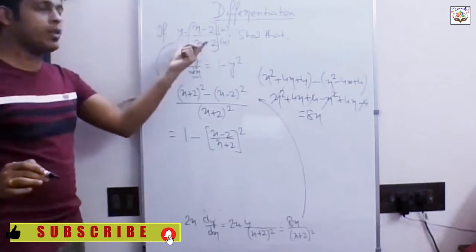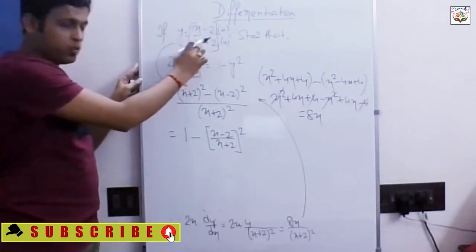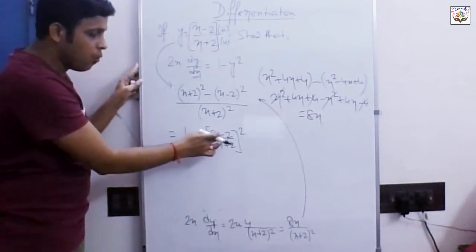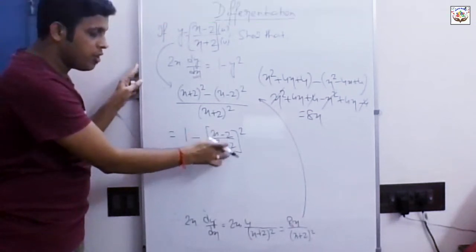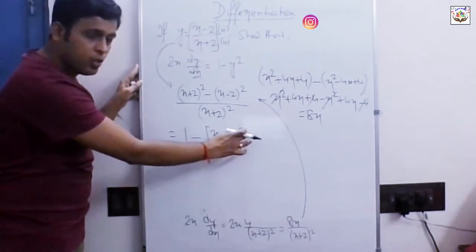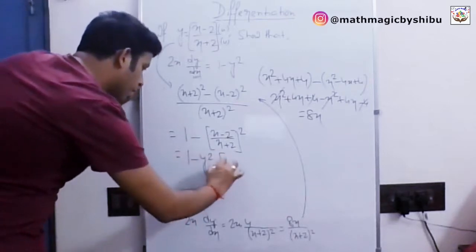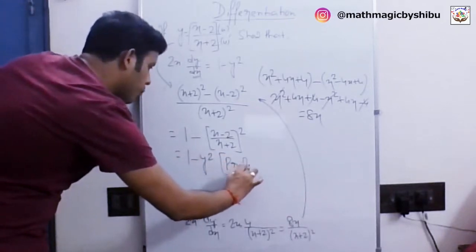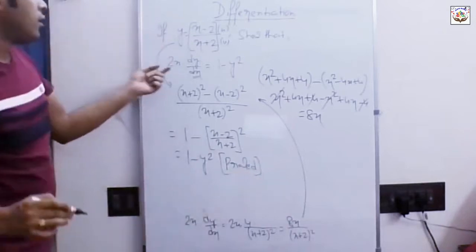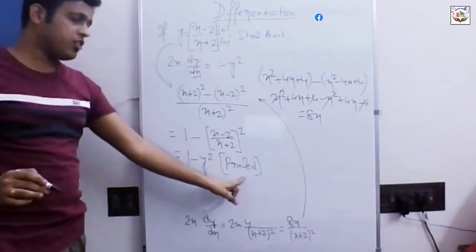From our problem we can see that y equals (x minus 2) divided by (x plus 2), and we are getting here y as (x minus 2) divided by (x plus 2), as this is y in the power 2. So it will be 1 minus y square. So hence we can say that we have proved that 2x into dy/dx equals 1 minus y square.